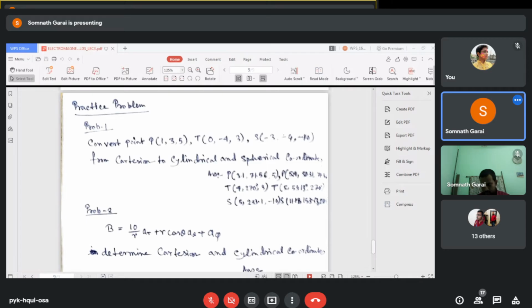Tan inverse minus 4 by 0, that is tan inverse infinity, is it not? Yes, sir. Minus 4 by 0, tan inverse infinity, that means minus tan infinity. Minus tan infinity means minus 90 degrees. Sorry, sir, correct it. Now z is equal to 3.